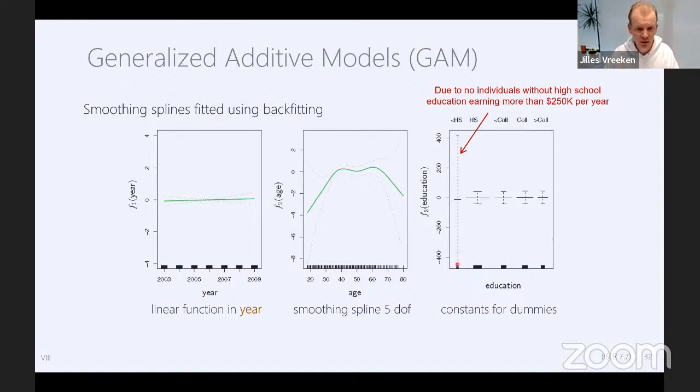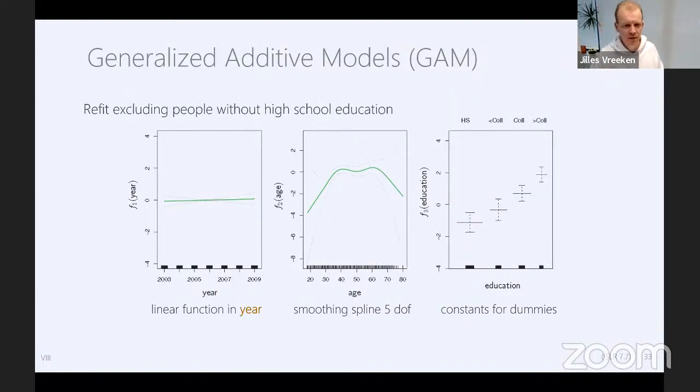So you get a giganormous confidence interval here, and it kind of hides the action over here. So if we remove those people from the data and refit everything, then you can see that, hey, you should pay attention in school. So I hope that you paid attention in this lecture, because, well, look, it's good for your final wage.